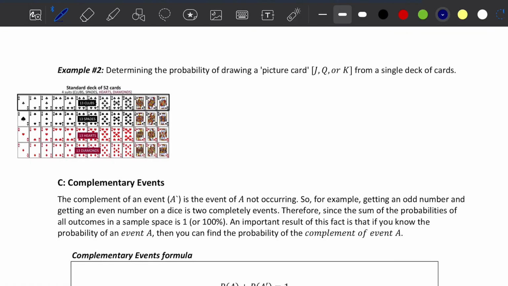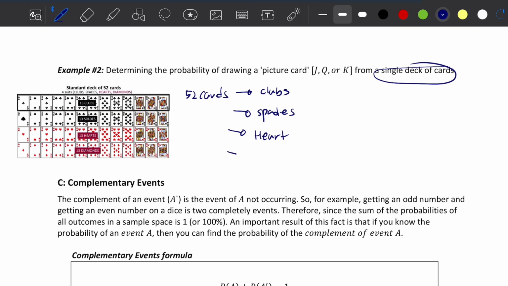Okay, then let's try example 2. Here we have to determine the probability of drawing a picture card from a single deck of cards, right? A single deck of cards means a set of cards that has 52 cards in it, and out of 52 there are 13 cards that have the shape of clubs, 13 cards that have the shape of spades, 13 cards that have the shape of hearts, and another 13 that have the shape of diamonds.